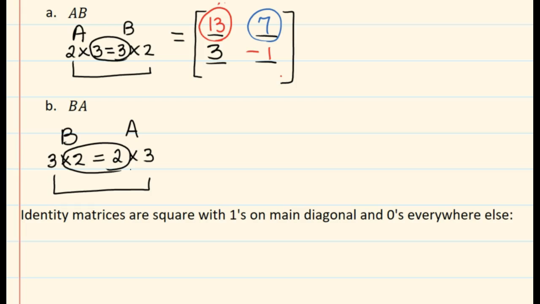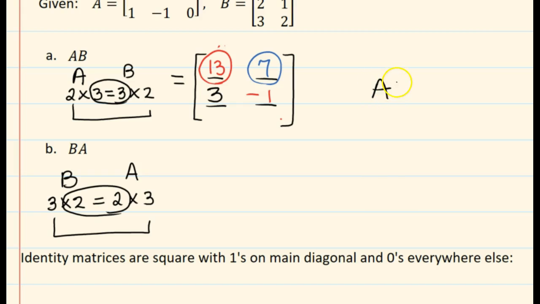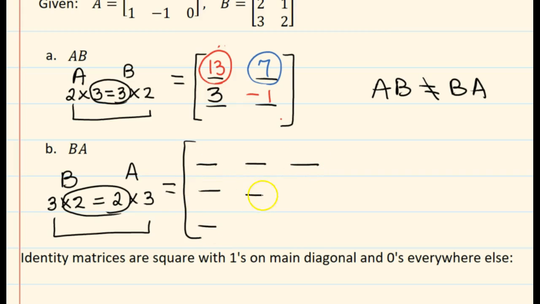The big takeaway is that I wanted to make sure we understood that matrix A times B is not the same thing as B times A. We can clearly see that here we're going to have a 3 by 3 matrix, which means 3 rows and 3 columns, so there's no way they're going to be the exact same matrix. In order to be the exact same matrix, they have to have the same dimensions as well as the same elements in the correct location. So I'll leave this up to you to see if you can multiply and find those numbers.